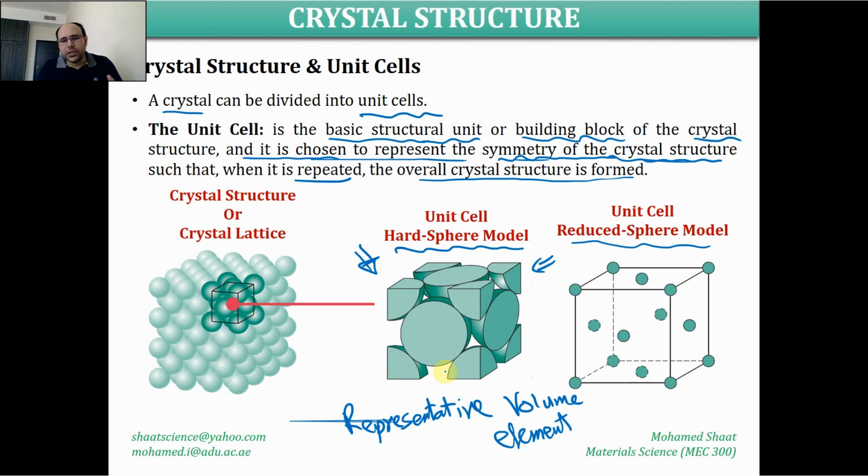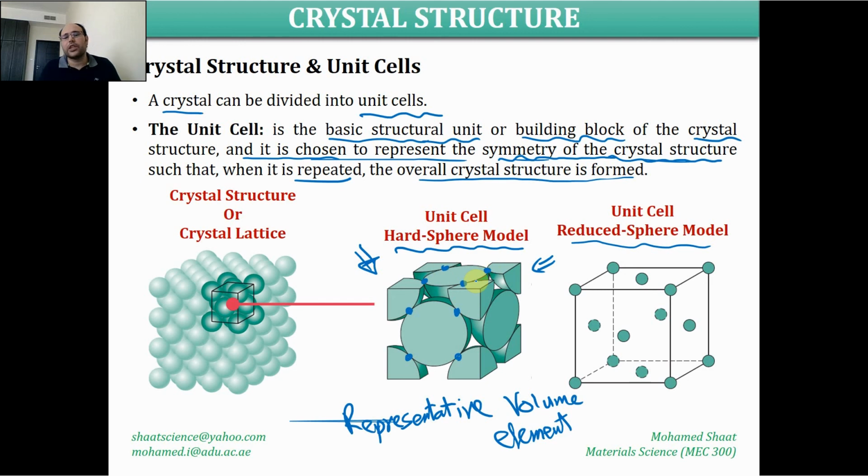Something else you should understand is that all of these atoms are tangent to each other. Every atom touches the next atom. This atom is tangent to this atom at this point, tangent to this atom at this point, tangent here, tangent there, and so on.